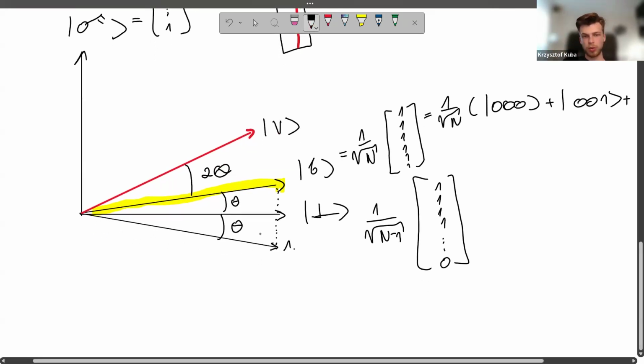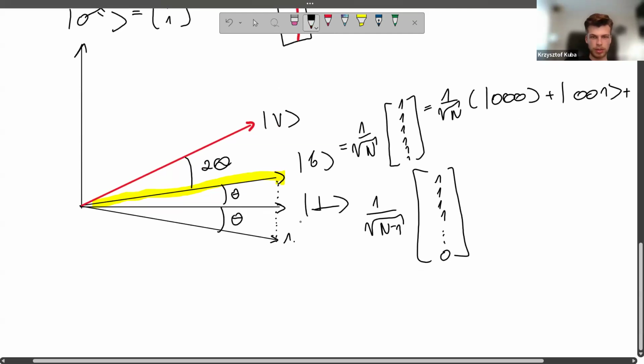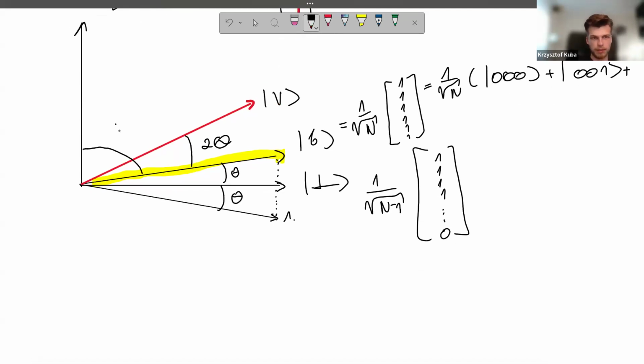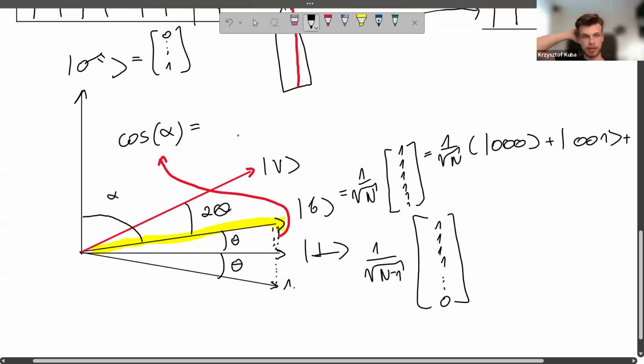So once again, we have a new vector with the reversion about the mean, which is now 2 theta from this one. So what is this theta? Let's say this angle is alpha, and this line segment here is the cosine of alpha. As you probably know from linear algebra, or maybe you don't, we can calculate this cosine from the dot product.